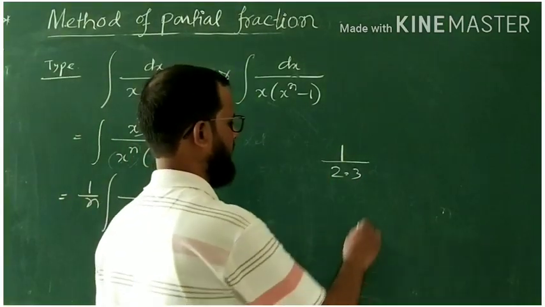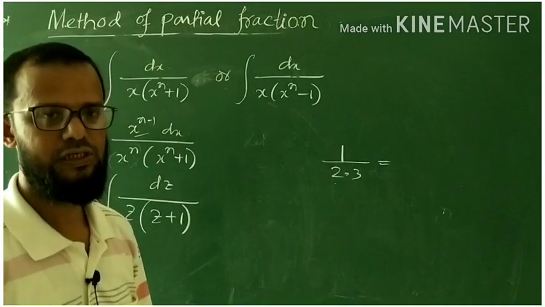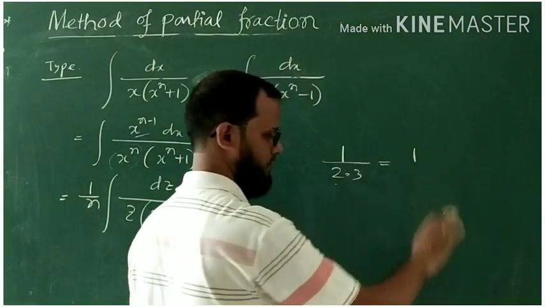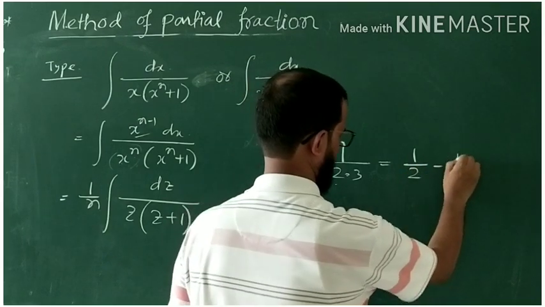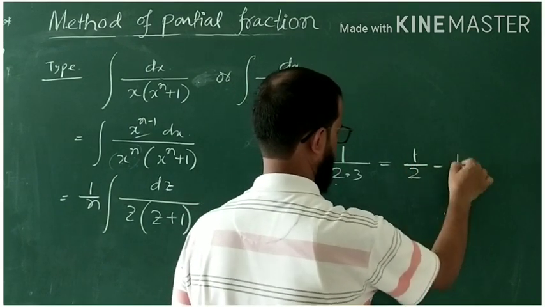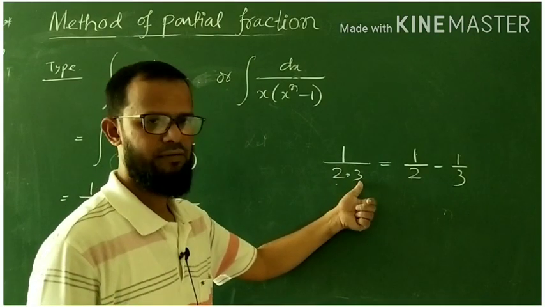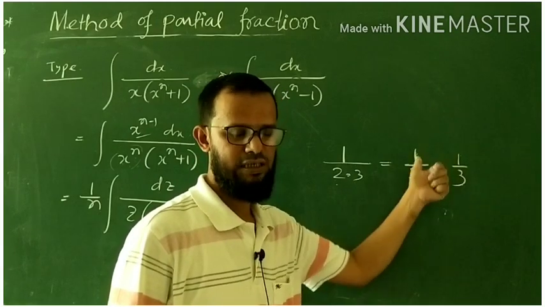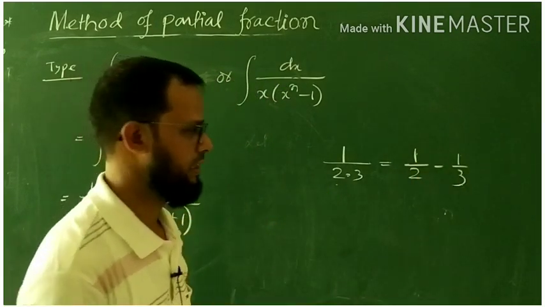So if the numerator is 1 and the denominator is a product of two consecutive numbers, then this type of expression can be resolved into a partial fraction like 1 by 2 minus 1 by 3. There are two numbers, the smaller number is 2, the greater number is 3. So you can write 1 by 2 minus 1 by 3: 1 by smaller minus 1 by greater. Remember, 1 by smaller minus 1 by greater.